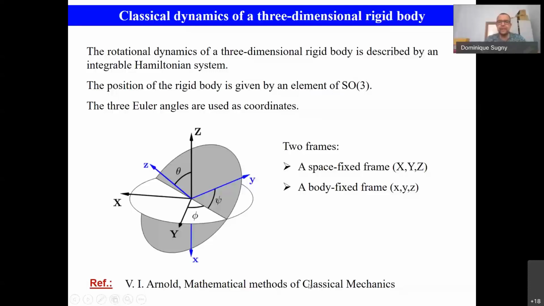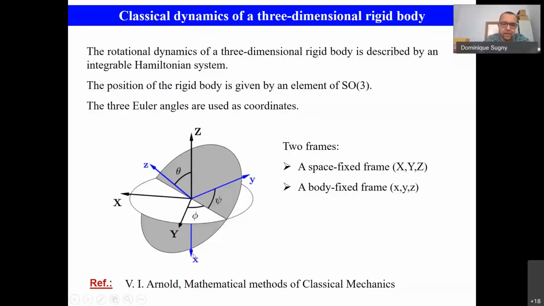So the point is that the position in space, the rotation of a rigid body, is given by an element of SO(3), a rotation matrix, and this rotation matrix basically describes the rotation of one frame with respect to another frame. We have a fixed frame, the space fixed frame.